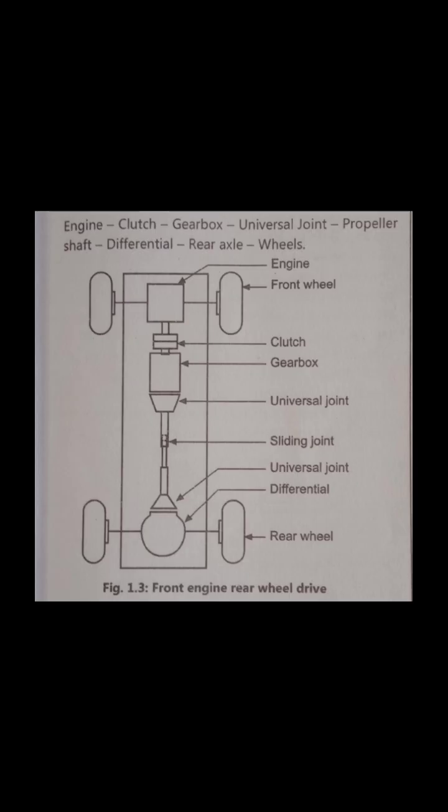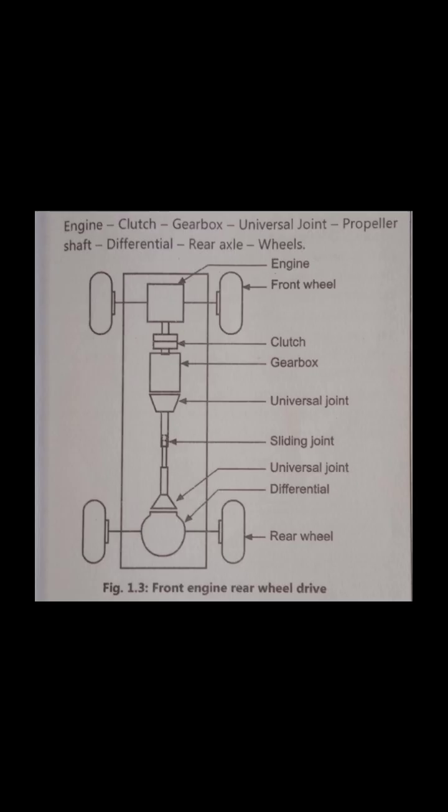This is the difference between the previous case and this case. This is the schematic diagram, and you can see the various components of the transmission system, as well as the engine at the front.